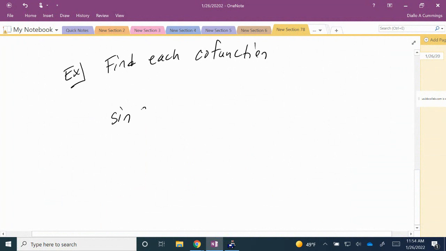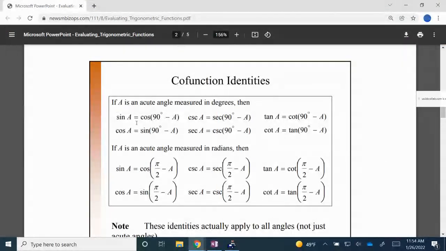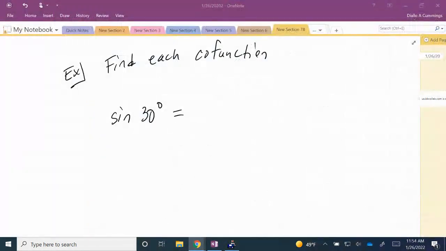So first we're going to look at the sine of 30 degrees. All right, and we're asked to find a cofunction for the sine of 30 degrees. If we refer back to the cofunction identities, it says that the sine of A is equal to the cosine of 90 degrees minus A. So I have the sine of 30 degrees, so that's the sine of A, right?